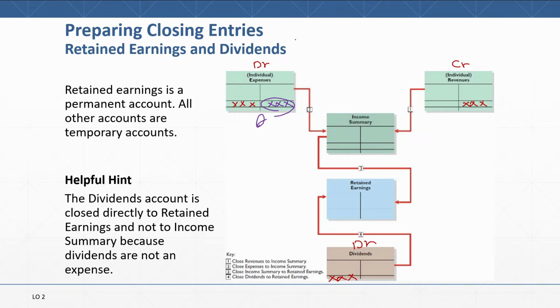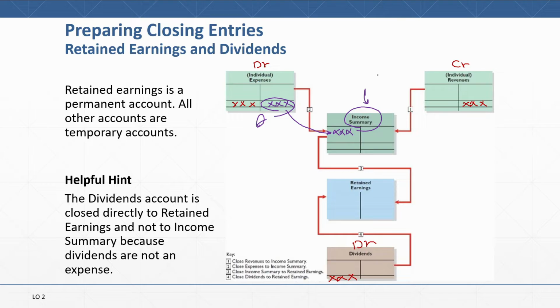Of course, the double entry system requires us to use at least another account. That account, in this case, is called income summary. So we put the same amount to the debit side of income summary. In a second, I will show you the journal entry for closing expenses and revenues. But for now, I just want you to focus on the names of accounts and the sides, debit or credit.